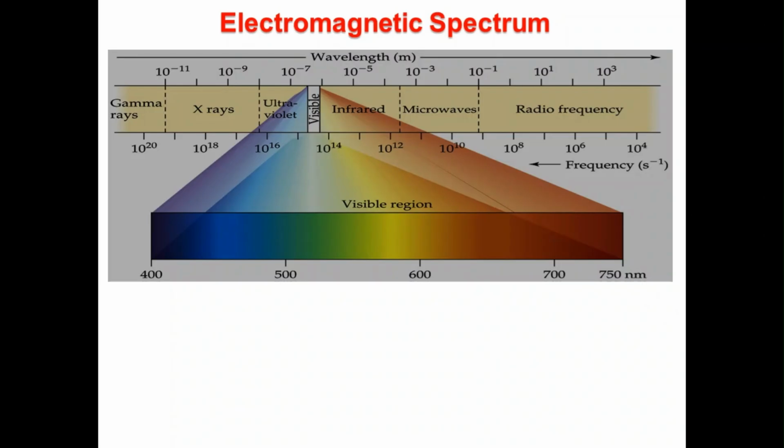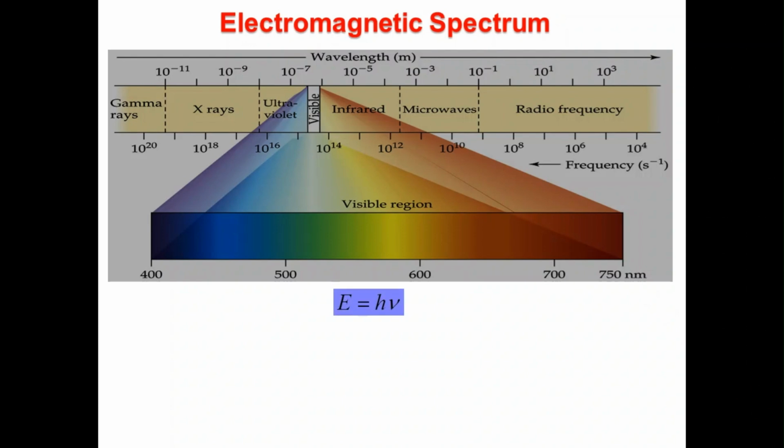Similarly, the shortest wavelength is gamma rays, and the longest wavelength is radio waves. And we know the relationship c = fλ, where c is the speed of light, f is frequency, and λ is the wavelength.